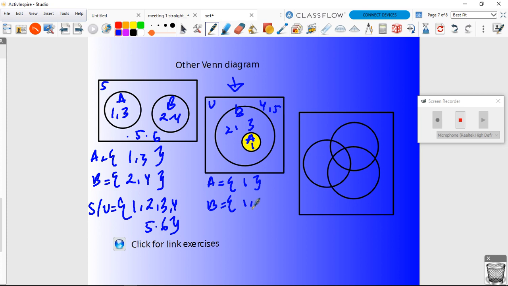Is it 1, 2, 3? Then the universal set is 1, 2, 3, 4, 5. If I'm asking A intersection B, it is A, completely the same as A. And if I'm asking A union B, it will be B, because all of A is included in B.